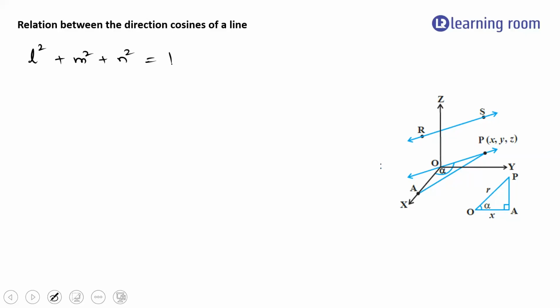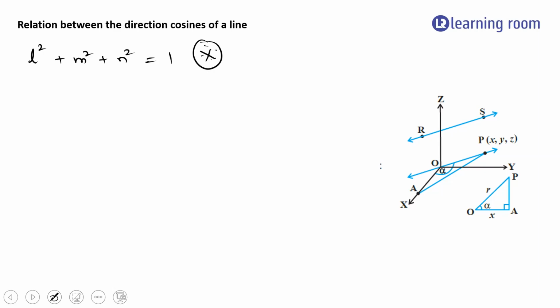That is, the sum of the squares of the direction cosines will always give you 1. So this is a very, very, very important expression to be remembered.